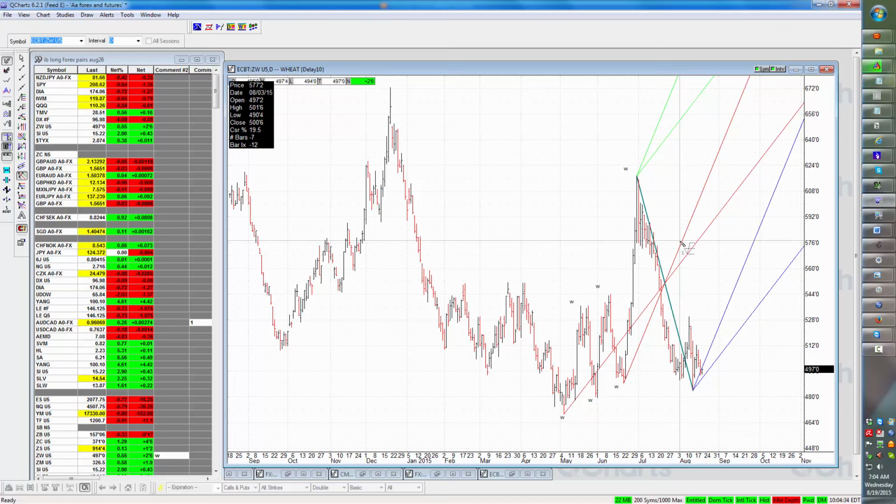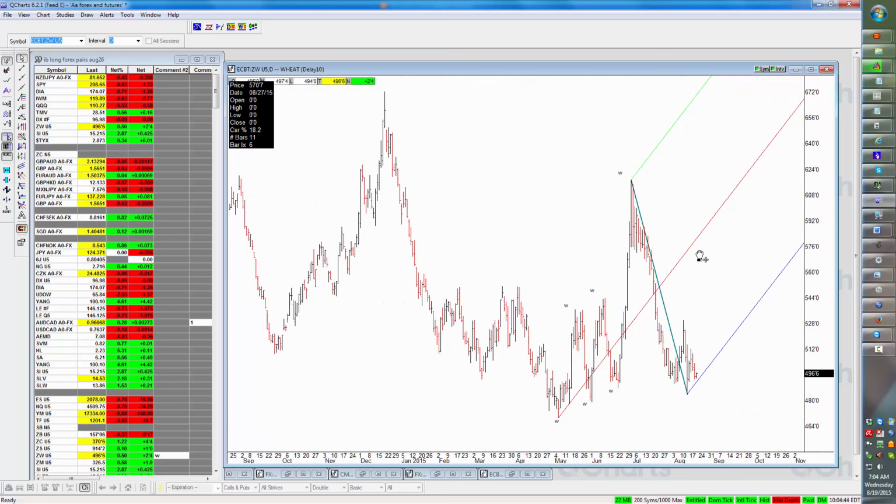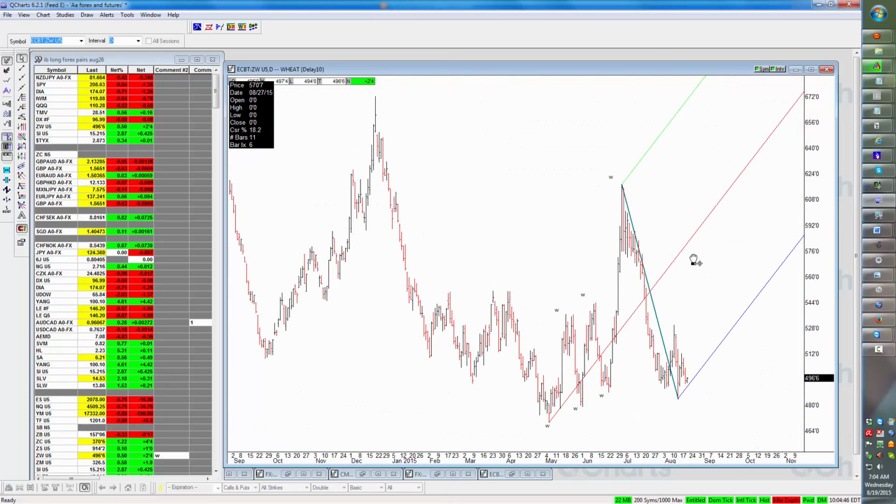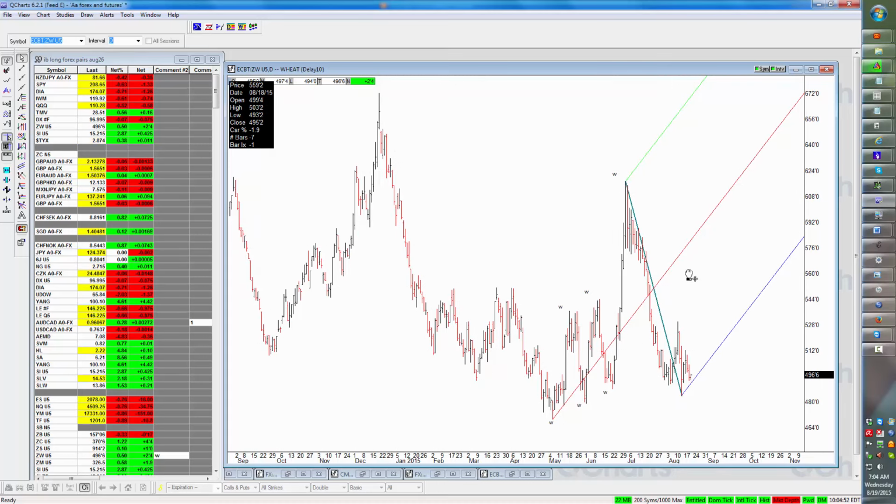But I think that the one that's relevant is really this one here. And remember, the purpose of the median line is primarily to show you what the trend is. It can also be useful in generating signals, because quite often prices will make it to the median line, especially the bigger ones. And it's a good reference model for that.